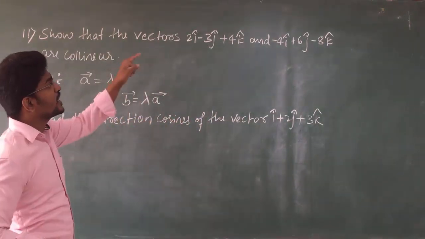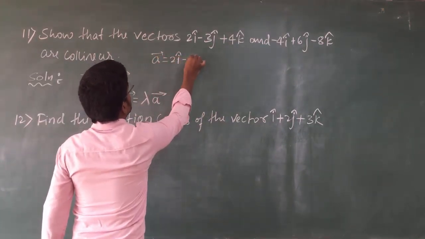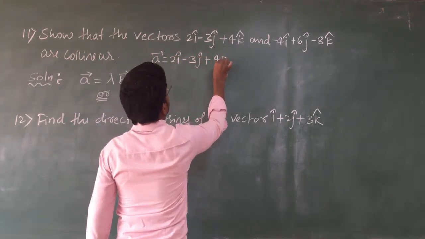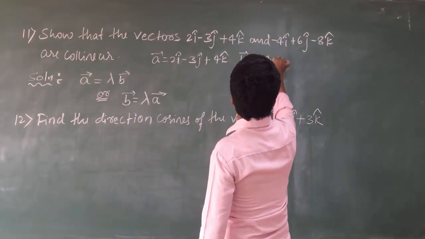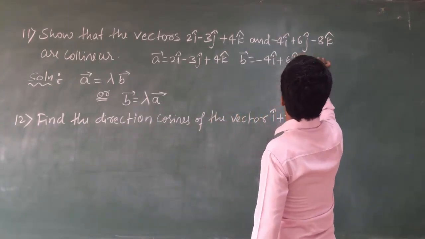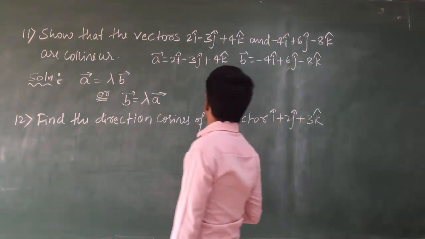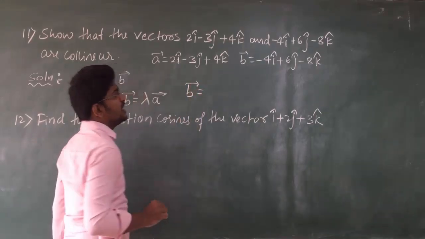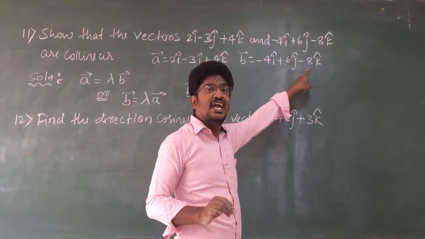So here vector A is 2i cap minus 3j cap plus 4k cap. Vector B is minus 4i cap plus 6j cap minus 8k cap. Clear? Now see vector B, that is minus 4i cap plus 6j cap minus 8k cap.